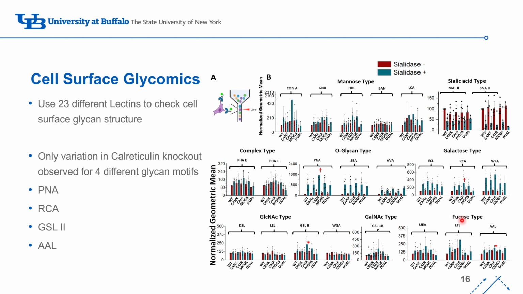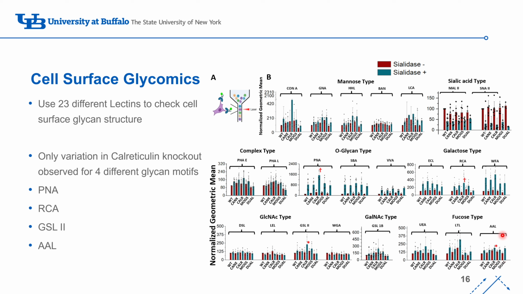The difference between these lectins, for example within the fucose type, is that they bind to different motifs. That's why we do not see signals for the other 2 lectins, whereas we see signals for specific lectins.